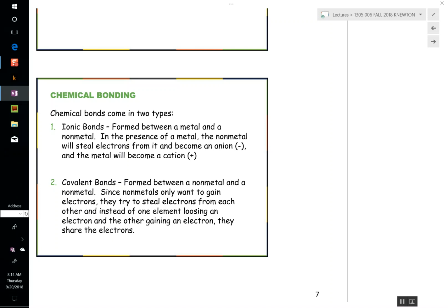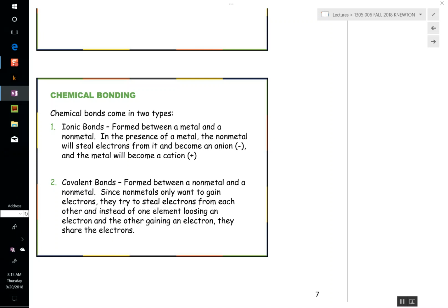So if you got rubidium reacting with fluorine, you're not going to get a covalent bond. You're not going to get shared electrons. The rubidium is going to lose the electron and fluorine is going to gain it. So generally speaking, if you have a metal reacting with a nonmetal up here in this corner, you're going to get an ionic bond.